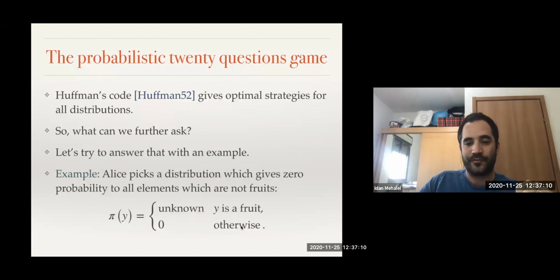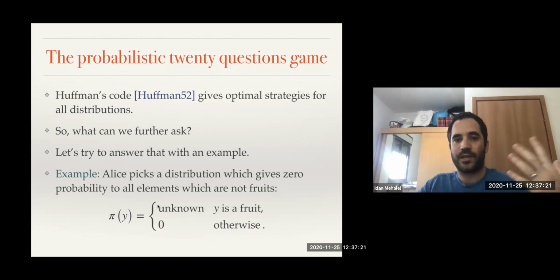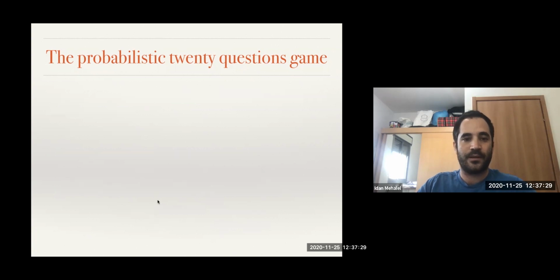If y is not a fruit, the probability it will get to be picked is 0. So in this specific case, our universe is actually being reduced from all possible foods only to all possible fruits.